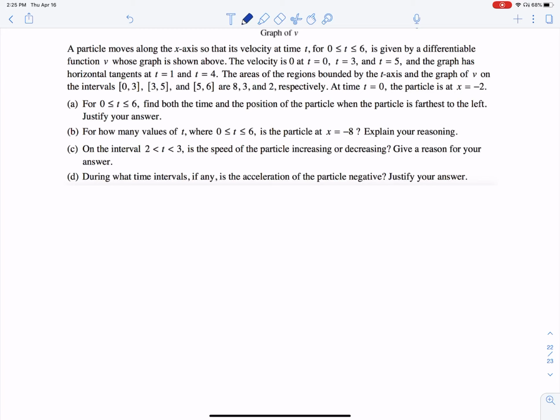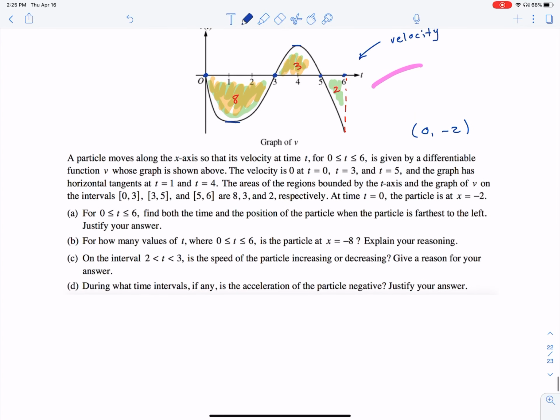They both have to be positive or both negative. If the speed of the object is decreasing, then their signs are opposite, so one's positive, one's negative. That's going to be our definition here.